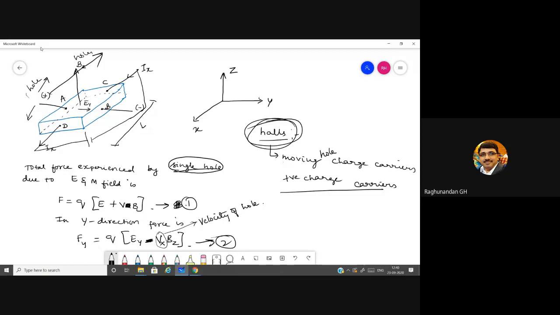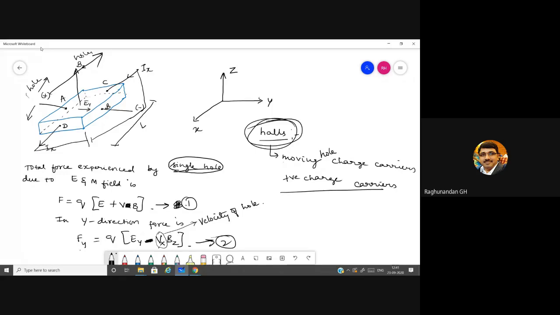So now the force in y direction, for that we obtained an equation. Kirtana, why do you get a negative sign here? Because the direction of force is opposite to the direction of the current. Yes, the direction of the current we have assumed in the other direction, but the direction of the hole is opposite.